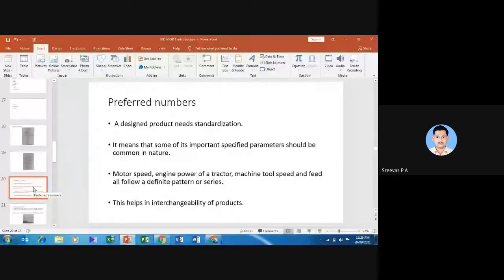So, preferred numbers is something related to standardization. A product designed to have some standard. Why is standardization very much necessary?